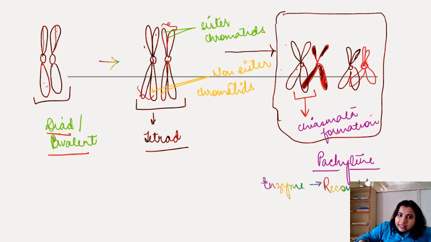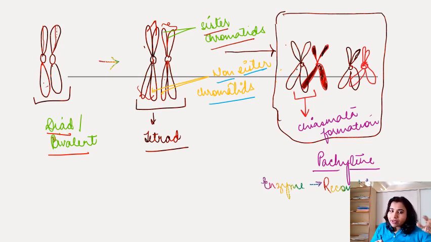These are the arms of the same chromosome, so we call them sister chromatids. But this and this are not the arms of the same chromosome, so what do we call them? We call them non-sister chromatids, because they are not the arms of the same chromosome.